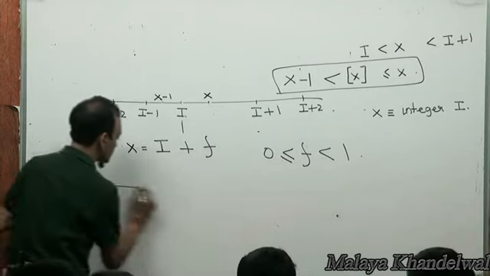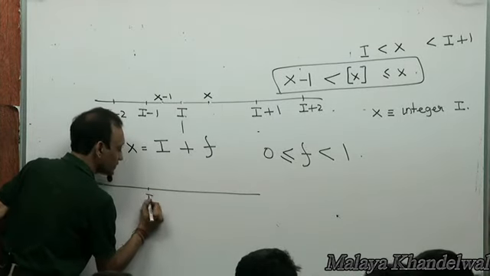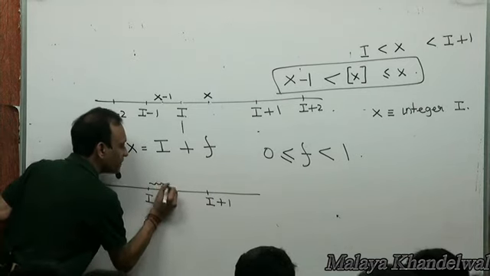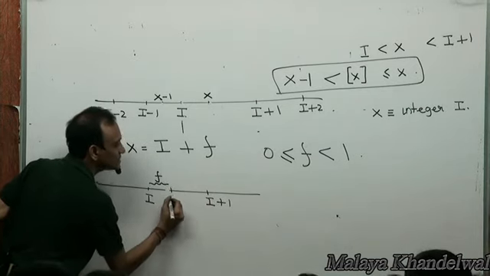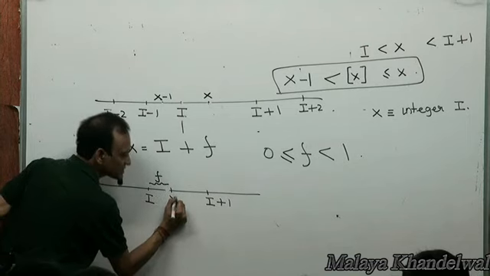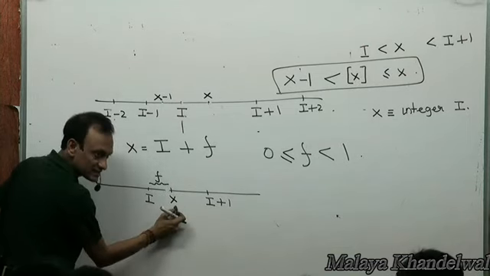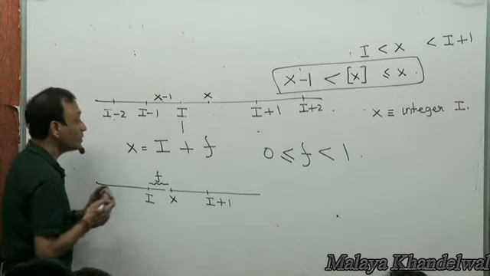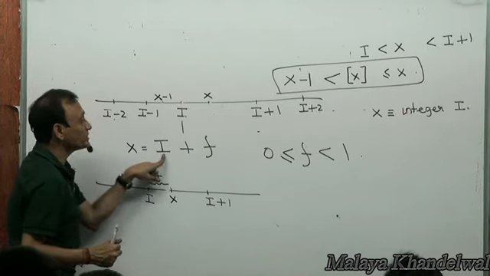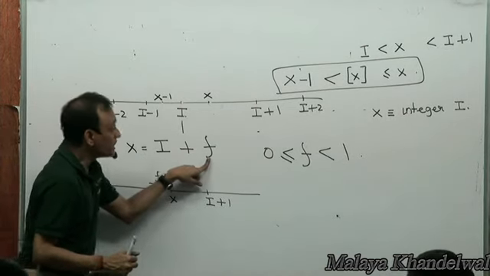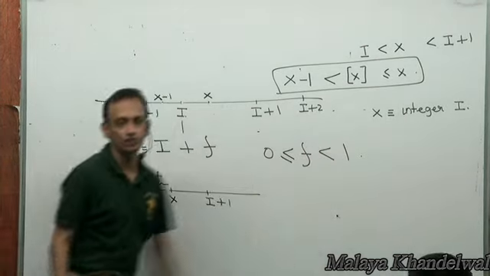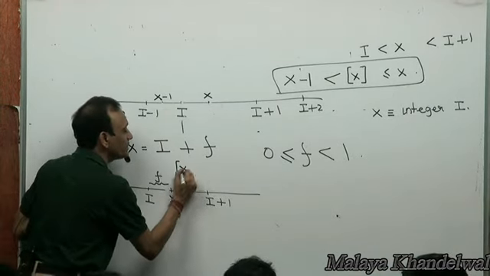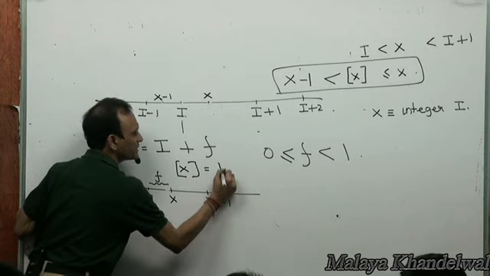Because if this is I, and this is I plus 1, then this is f units, this is x. I plus f is x. So, very clearly, if x could be written as an integer plus a fraction greater than or equal to 0 but less than 1, then box of x will be I, algebraically speaking.